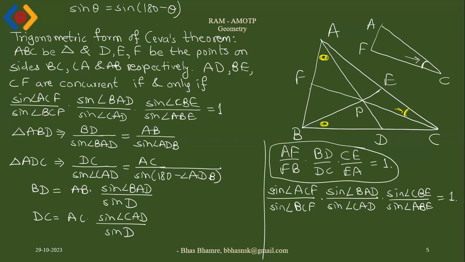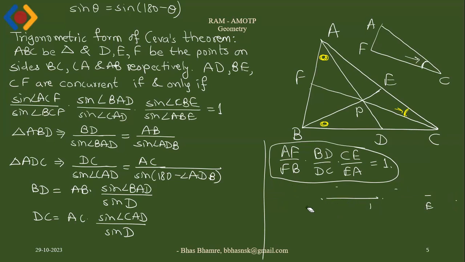So now I will rub this out, because what is to be proved is already written over there. I just want to show that here BD is nothing but AB times sine of angle BAD upon, this would be AC times sine of angle CAD, and sine D will get cancelled.